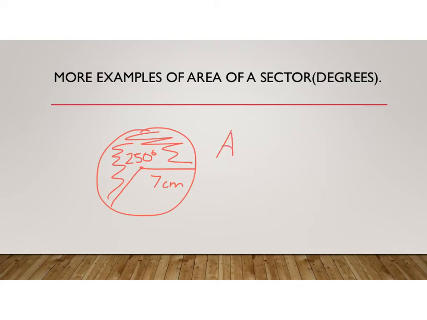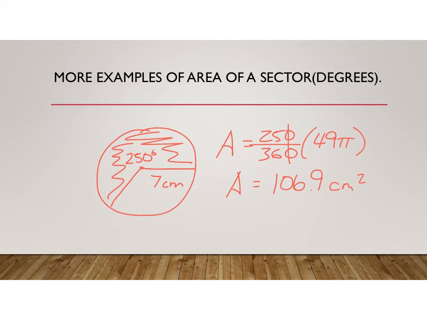For the area of the sector, I would take 250 divided by 360, because that's the part of the circle I'm dealing with, times 49 pi, the area of the entire circle. I could cancel here, and then I could simply take 25 times 49 pi and divide by 36. And then the area of the sector would be about 106.9. This would be square centimeters.